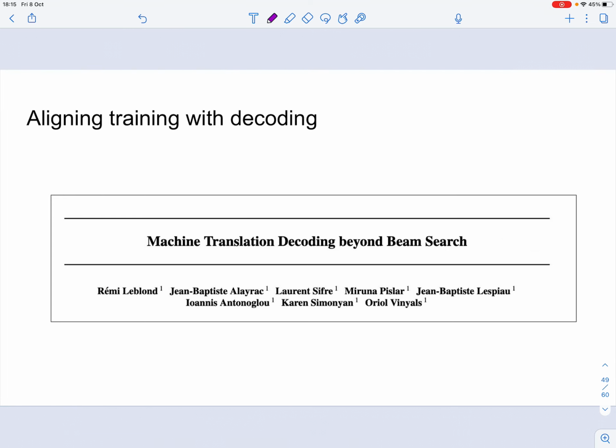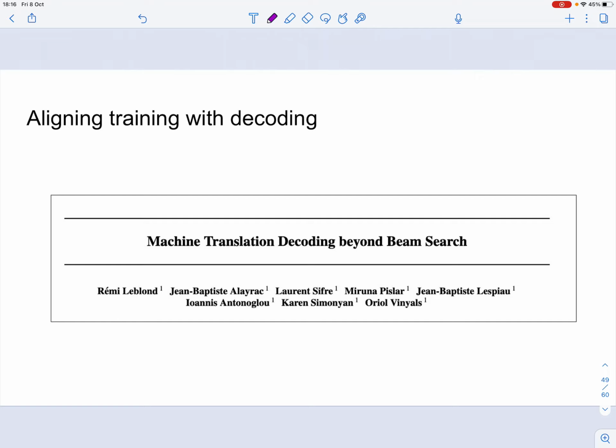Then as the very last point, I think it could be fruitful to invest in aligning the training and decoding objectives. I know that this has been done before, but a very recent work on this is by Rémi Leblond and colleagues.